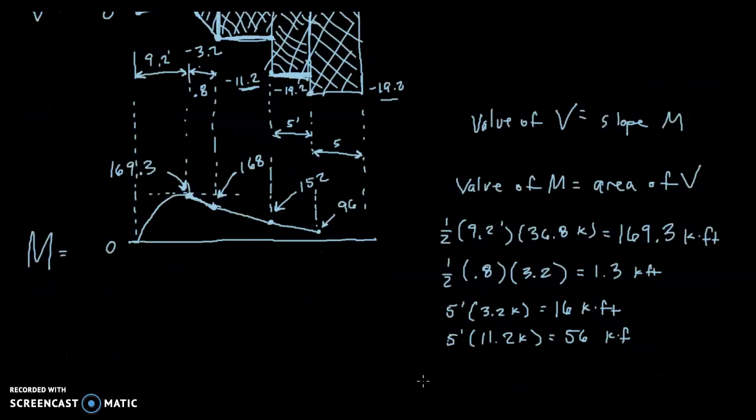And so the area of that rectangle is 5 feet times 19.2 kips, and 5 times 19.2 is equal to 96. That's a good sign. That means we did it right, because we had a value of 96. That last little bit takes us down to 0, and our moment diagram should begin and end at 0.